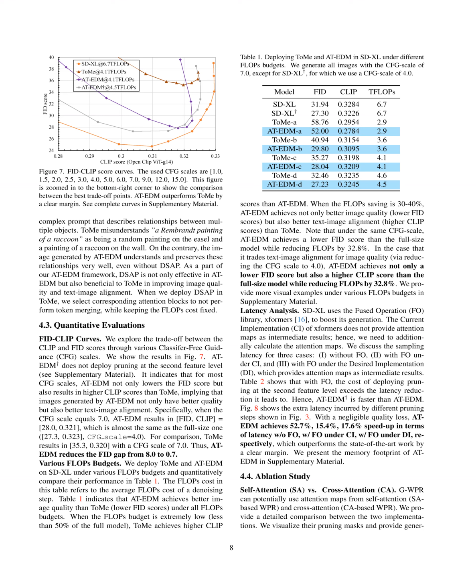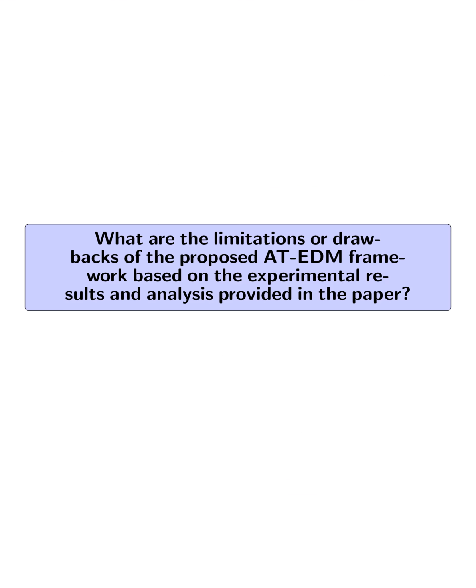These results demonstrate the effectiveness of AT-EDM in improving image quality and text-image alignment compared to TOM across various flops budgets on SD/XL. What are the limitations or drawbacks of the proposed AT-EDM framework based on the experimental results and analysis provided in the paper?